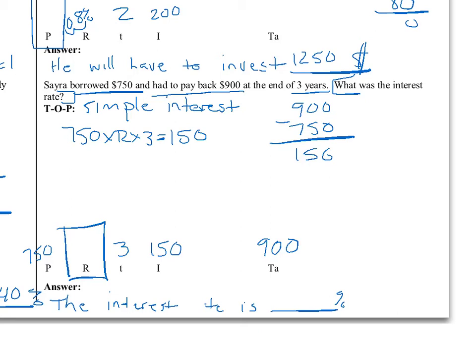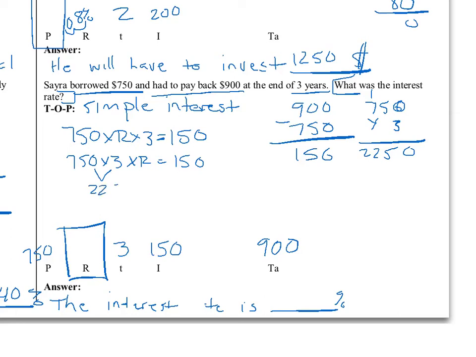All right. I'm going to rearrange this really quickly. 750 times 3 times R is equal to 150. Now I can multiply 750 times 3. Zero, 5, carry the 1. That's going to be $2,250 times R equals 150.